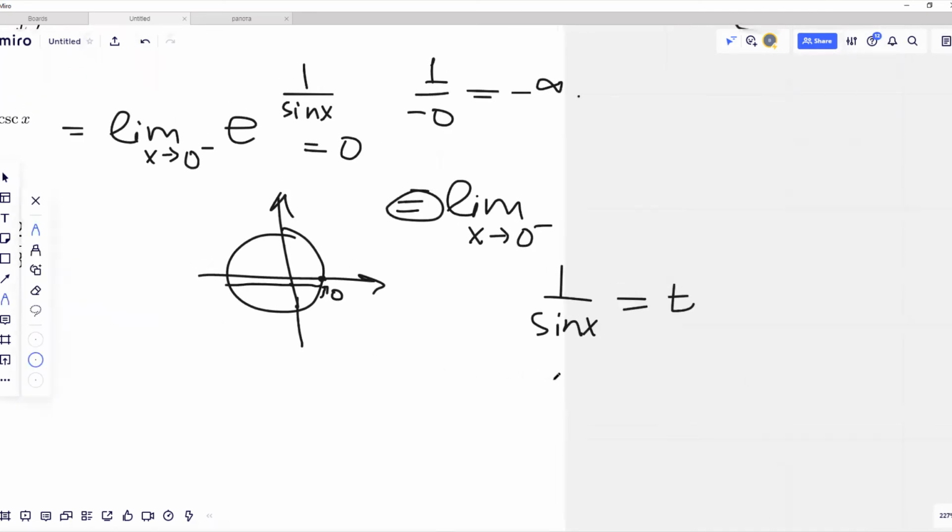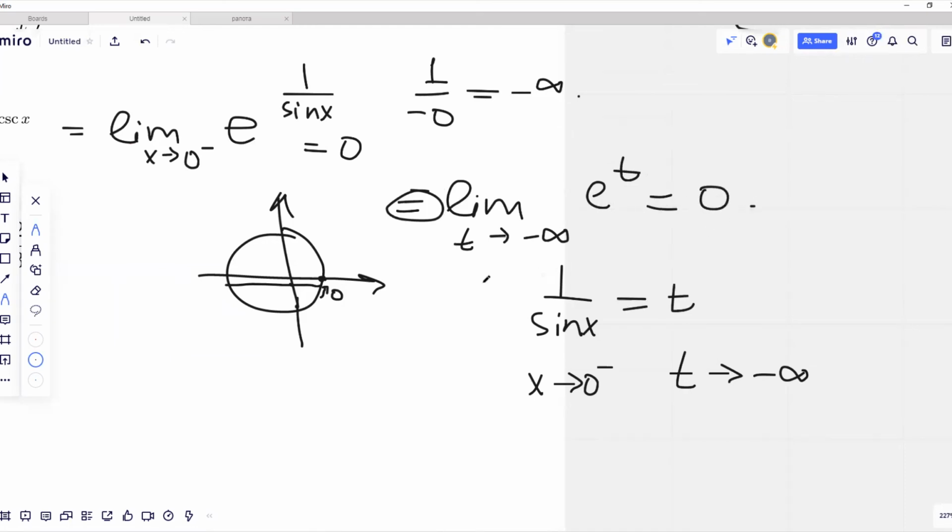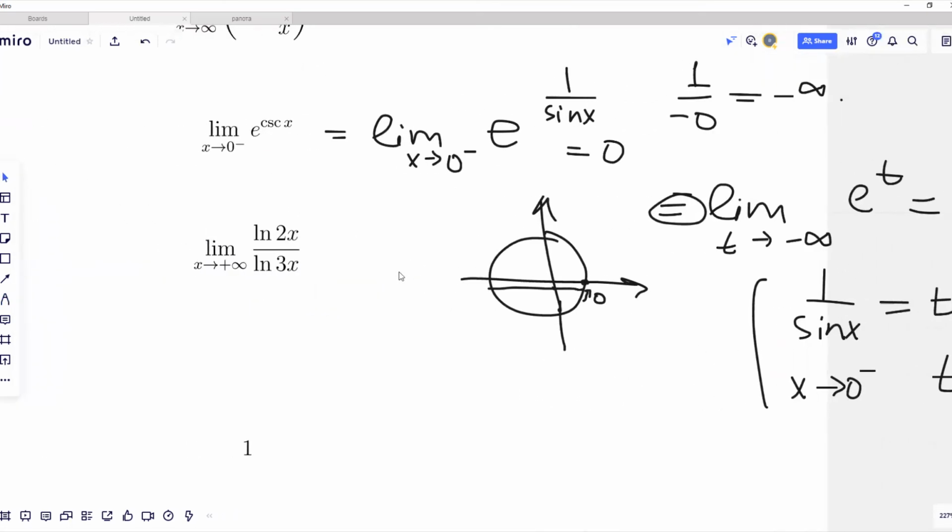As x goes to 0 from the negative side, we said that 1 over sine of x goes to minus infinity. So t is approaching minus infinity. And we'll end up with e to the power of t, which is 0. Okay.